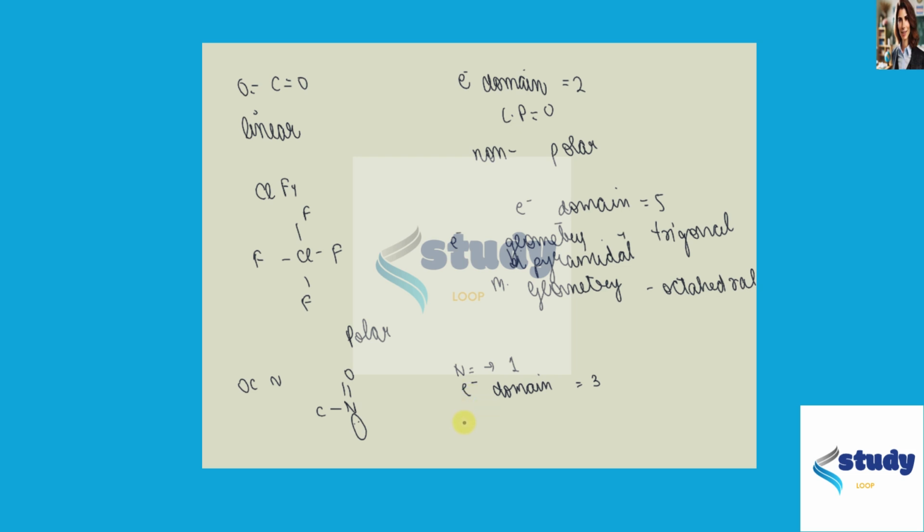Molecular geometry is linear, whereas electron geometry is trigonal planar, and the compound is polar.